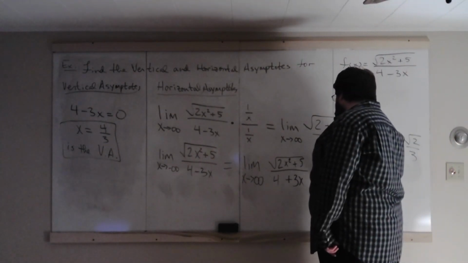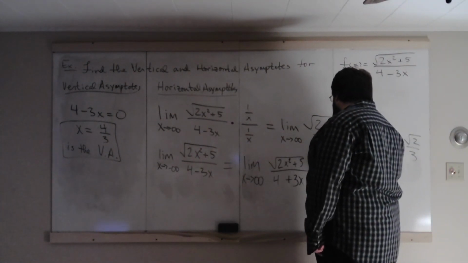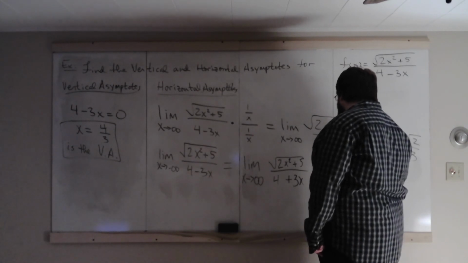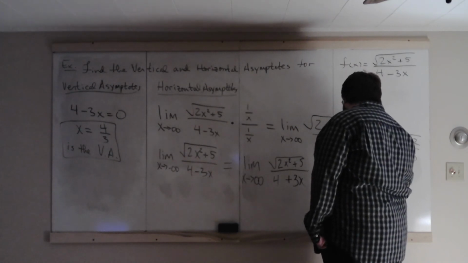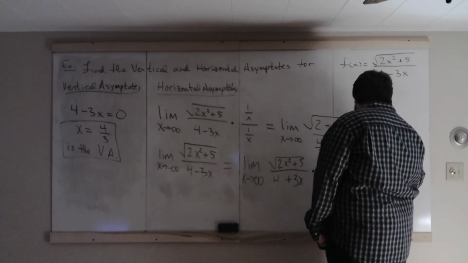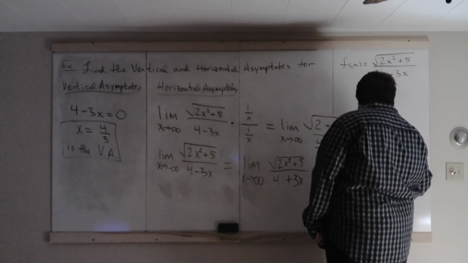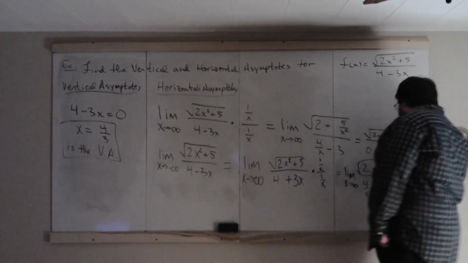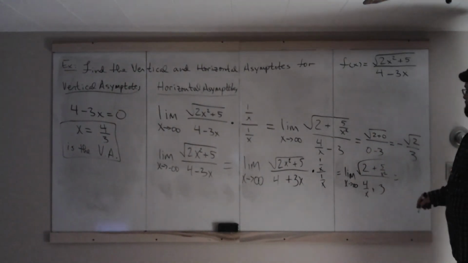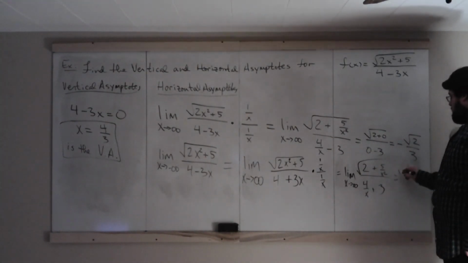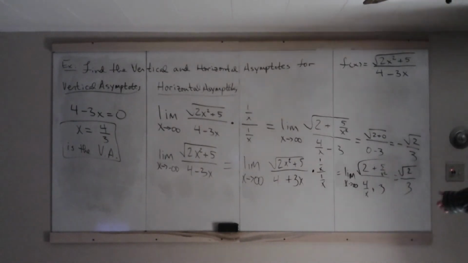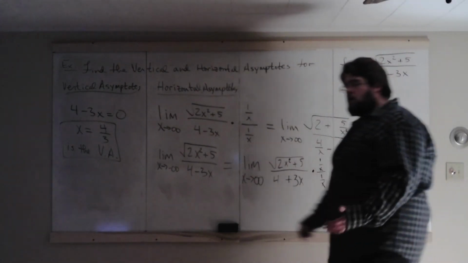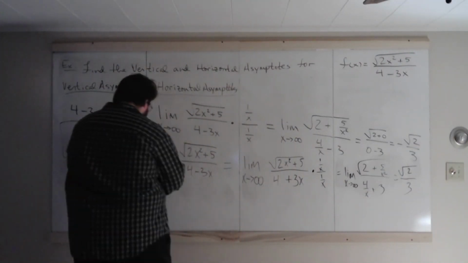And then this limit to positive infinity, you compute as before, divide everything by x. Limit as x goes to positive infinity of the square root of 2 plus 5 over x squared, all over 4 over x plus 3. As x goes to positive infinity, we get the square root of 2 plus 0 over 0 plus 3. So you get root 2 over 3. And notice here, these two limits are different.